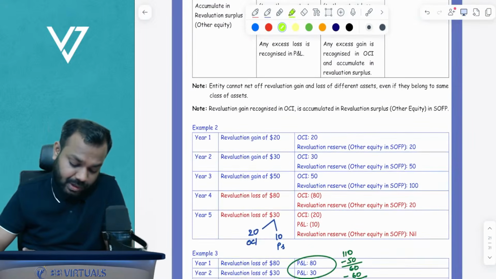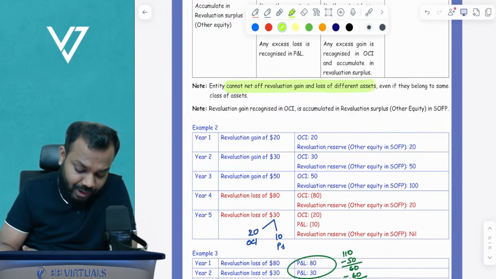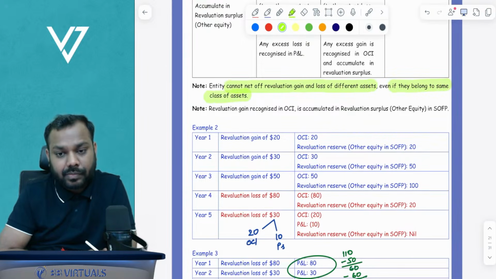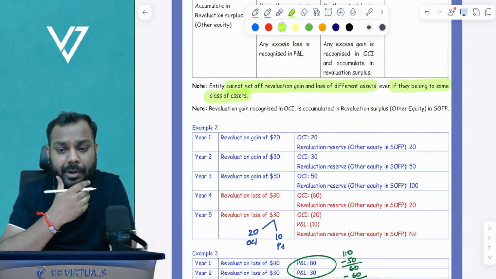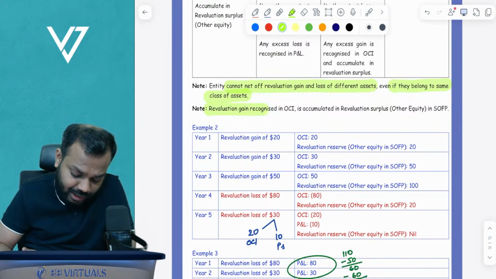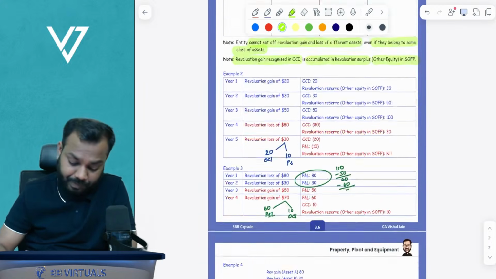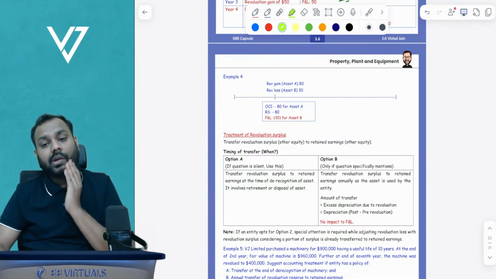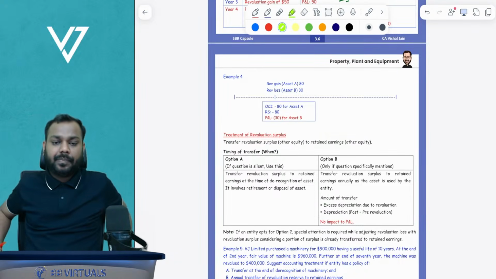An entity cannot net off revaluation gain or loss of different assets even if they belong to the same class of assets. A very small point, but very important. Now, revaluation gain recognized in OCI is accumulated in revaluation surplus, other equity, in the SOFP. Is that clear, everyone? Come on, guys, please tell me.